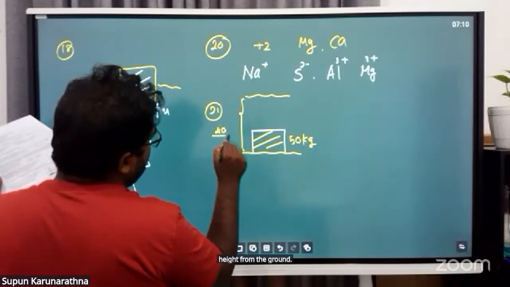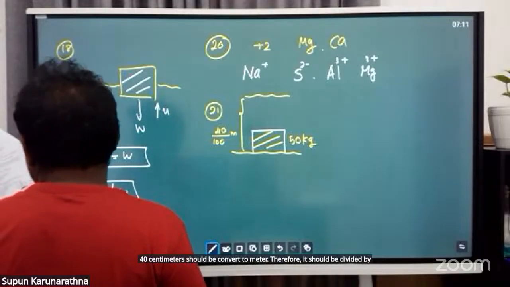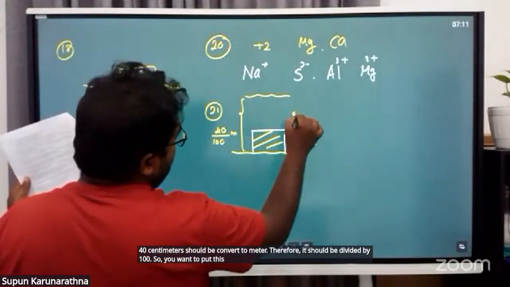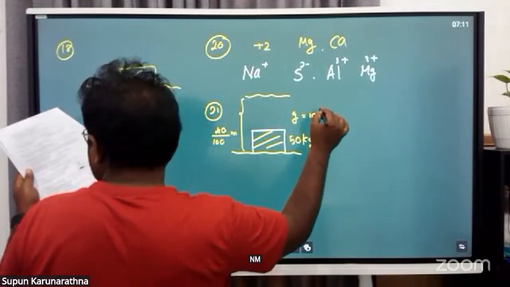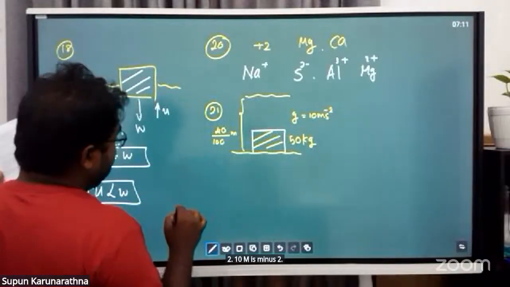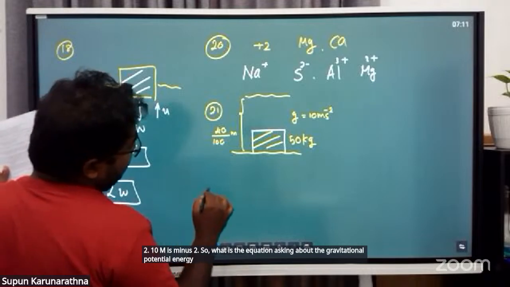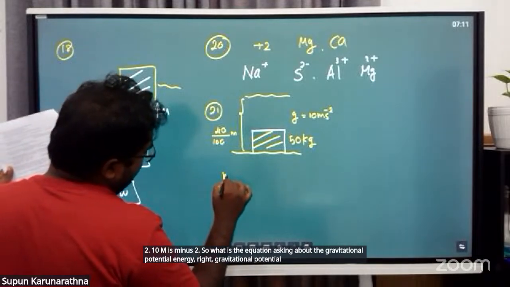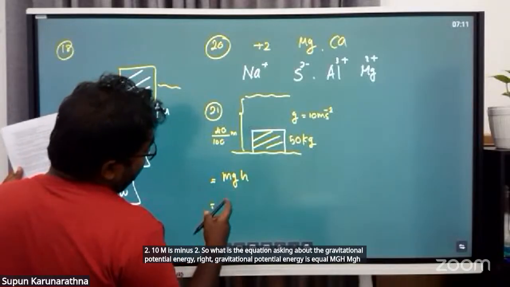40 centimeters should be converted to meters, therefore divided by 100. So you want to put the SI units, and g is 10 m s^-2. What is the equation? It asks about gravitational potential energy, right? Gravitational potential energy is equal to mgh.